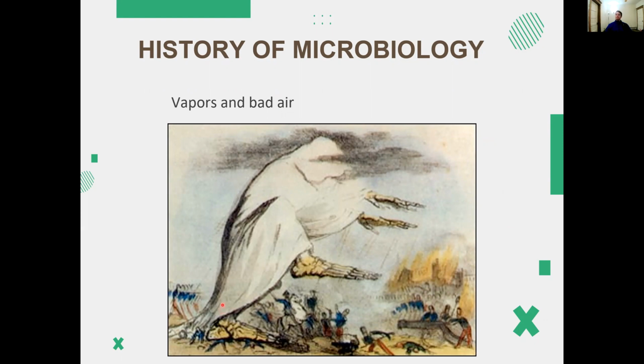People essentially believed that bad smells were how disease was spread. So, vapors and bad air. They had no idea of the existence of microbes or pathogens or any of that.